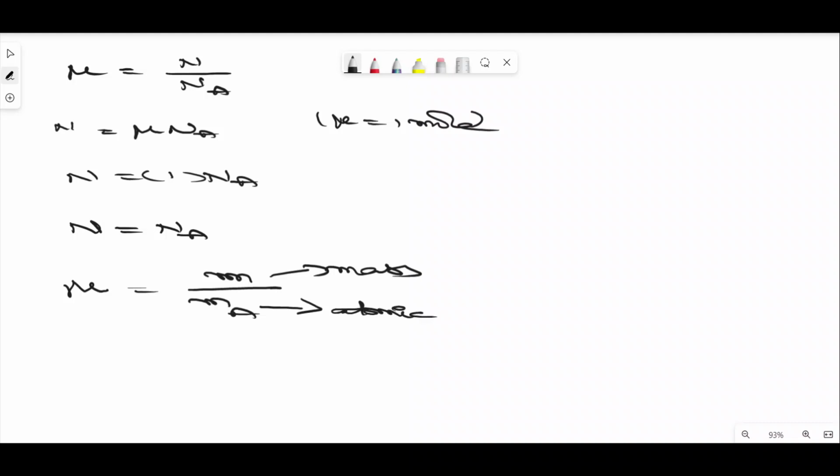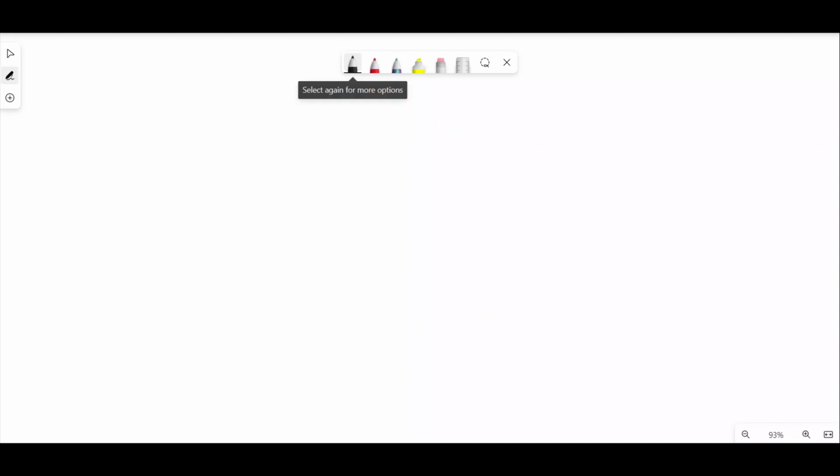So the mass of a given gas is represented as mu into M suffix A. Now we are going to discuss the ideal gas equation based on this STP condition. Take a screenshot, we will continue.